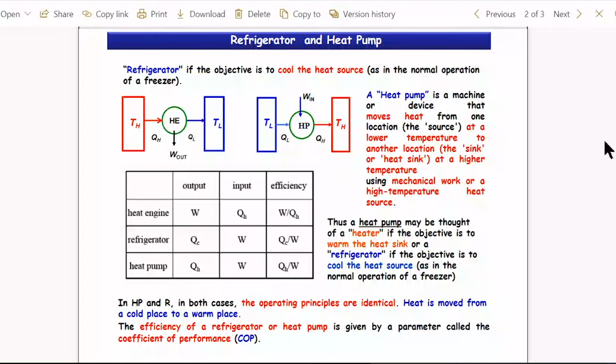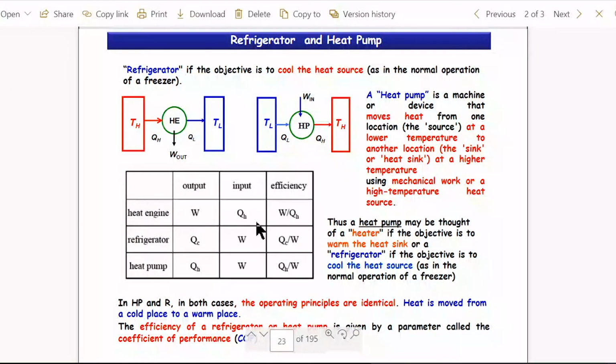The cold heat transfer at lower temperature is the output, and as input, we have to do work for it. So the input is work and the output is the amount of cold heat which we exchange between the system and the surrounding, and this is the efficiency of a refrigerator.